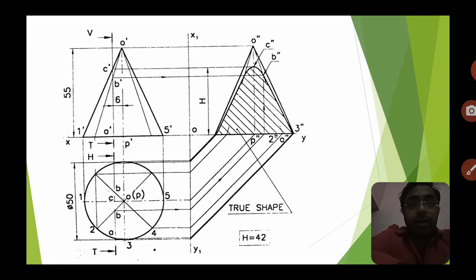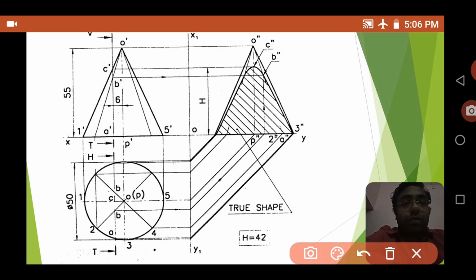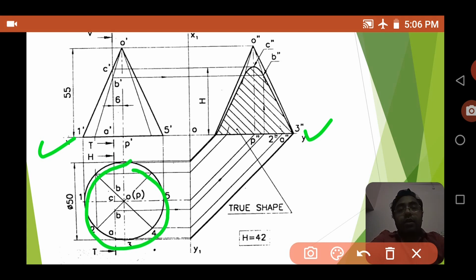Here you can see, as I told you, first you have to draw an xy line. Then you have to draw the circle with a 50 mm diameter, and then name it.